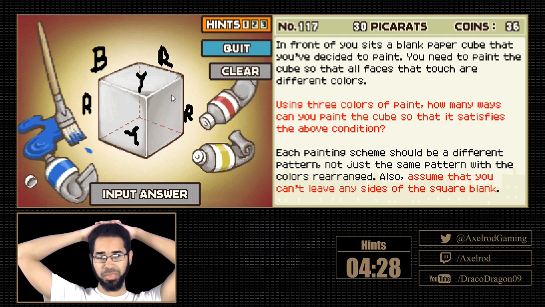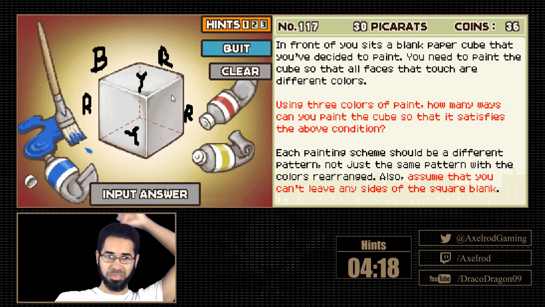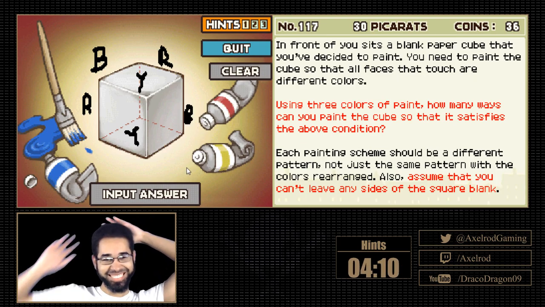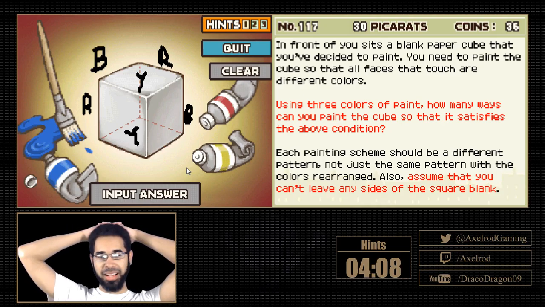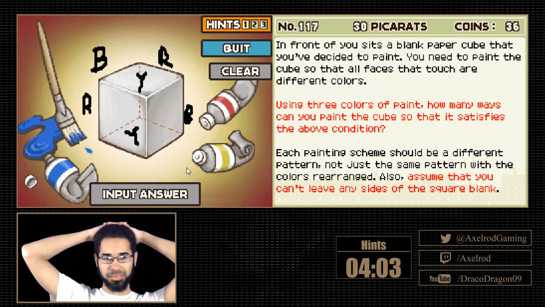If we have red, blue, how do you get it so that it's different? Because the only way you can get a new pattern is by swapping things.